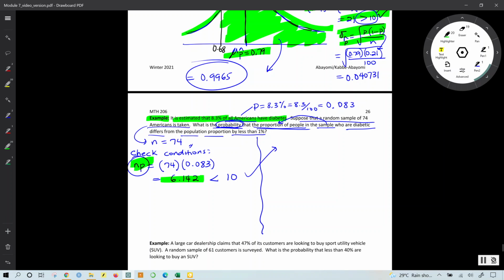With this given, it will not be possible to compute this probability. We will need to find other advanced technologies or methods in order to compute this probability, which is beyond the scope of this class. The point of this example is this: whenever the conditions are not met, either n times p is not greater than 10 or n times 1 minus p is not greater than 10, we should not continue to find the probability at this level with the methods we have learned so far.